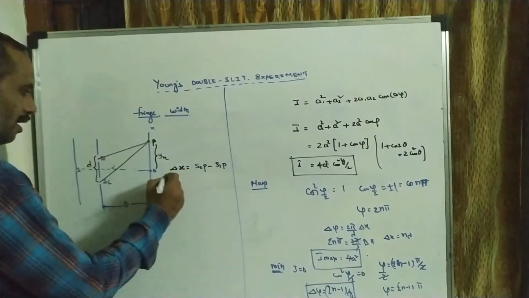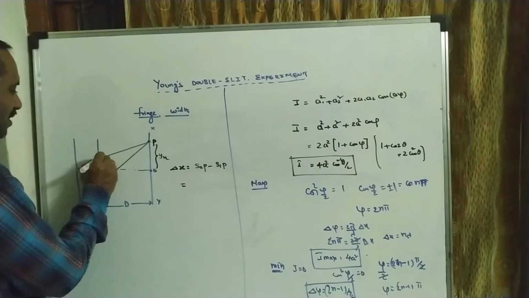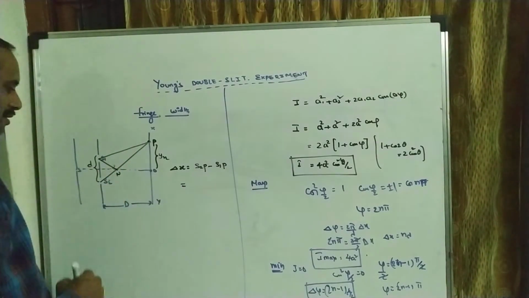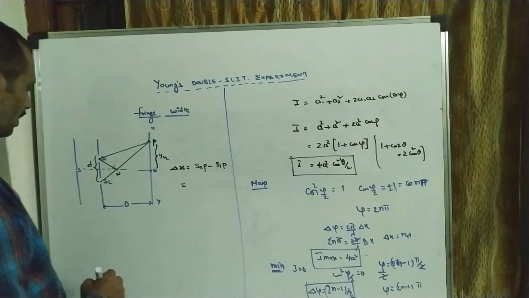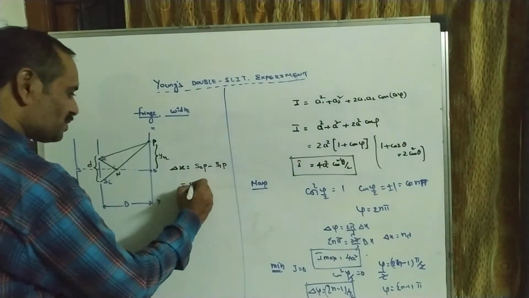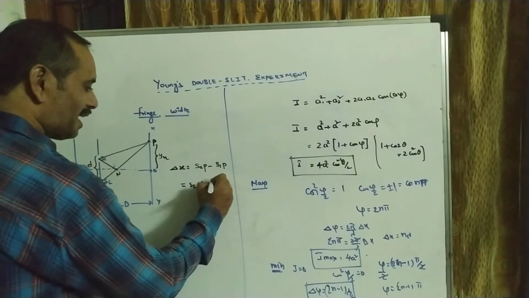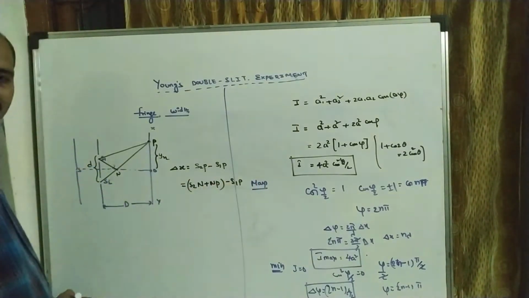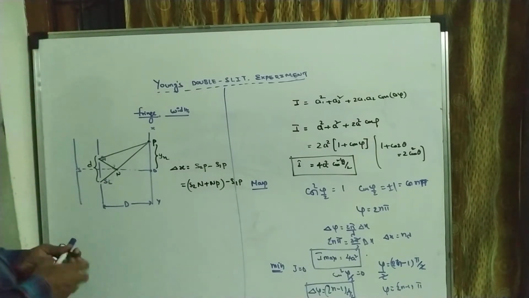Now, here, sir, drop a normal to the longer line. Then SN plus NP minus S1P. I think you can understand.